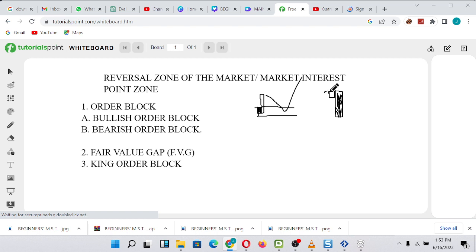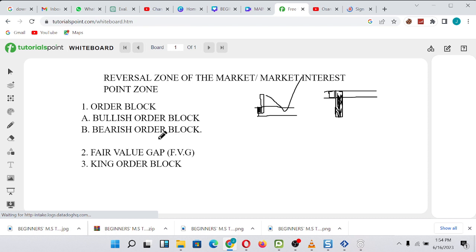So you mark the tip. The last green candle before the expansion is called a bearish order block.